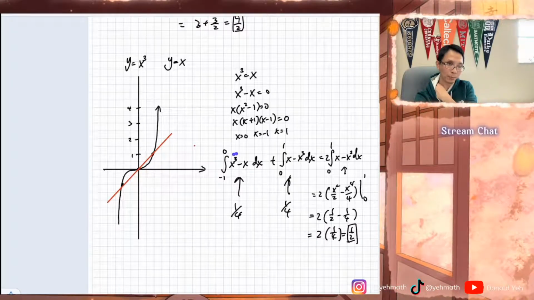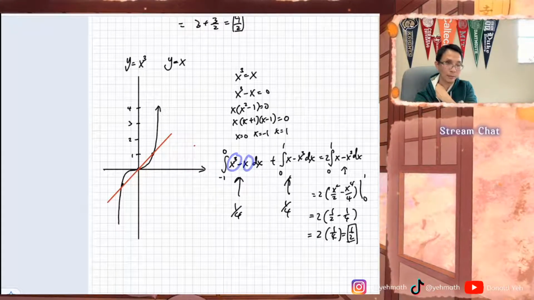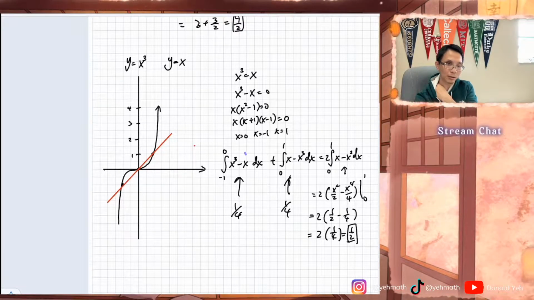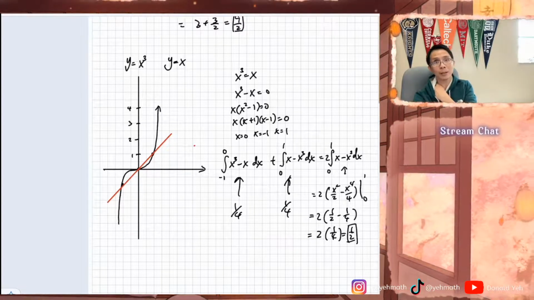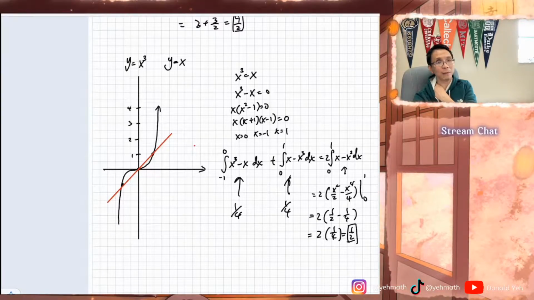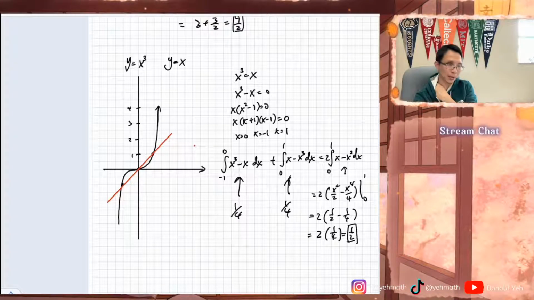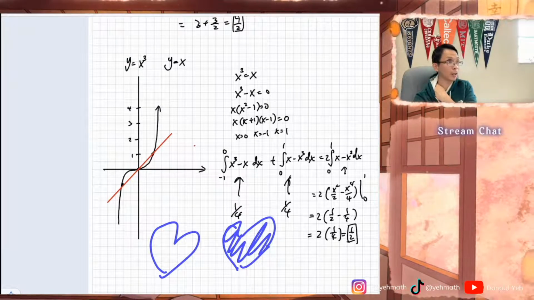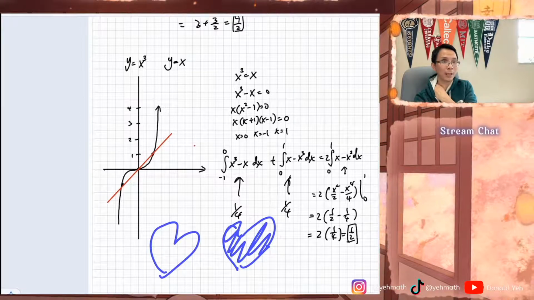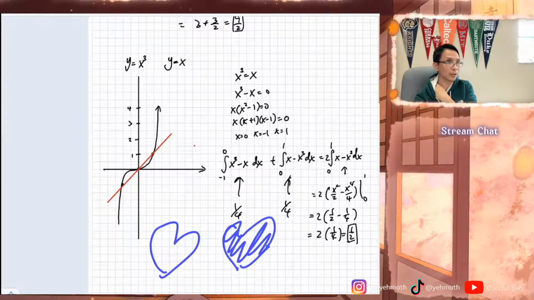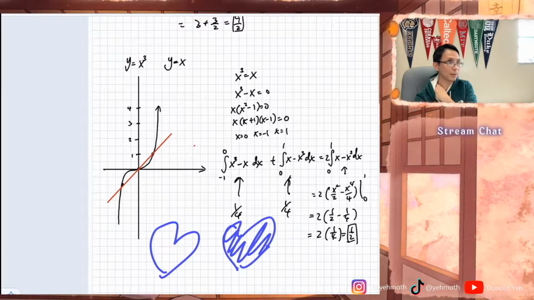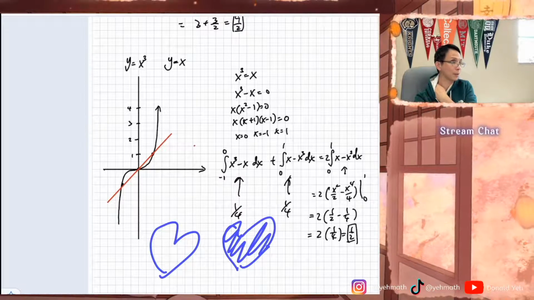The other part has x cubed on the top and x on the bottom. If I switch, it's going to give you a negative. So let's just say I give you a black heart and a white heart, and I ask, can you find the area of 2 hearts? It doesn't matter if they are black or white, they are all positive areas, if they are even sizes, of course.